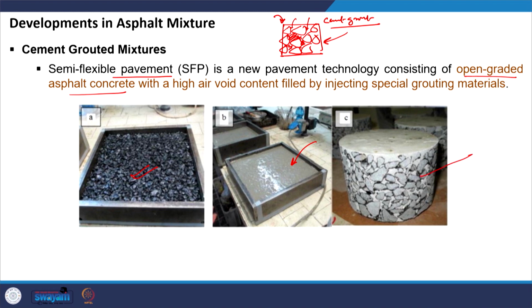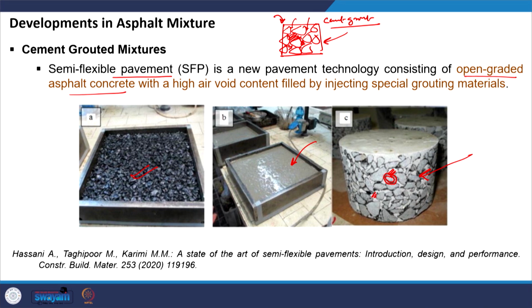And then when you take a core, you see something like this, where you can clearly see that you have aggregates, you have coated bitumen, and in between the voids have been occupied by the cement grout. Again, one of the very interesting technologies to explore. In fact, in India a few test sections have been constructed using semi flexible pavement or the cement grouted mixture.